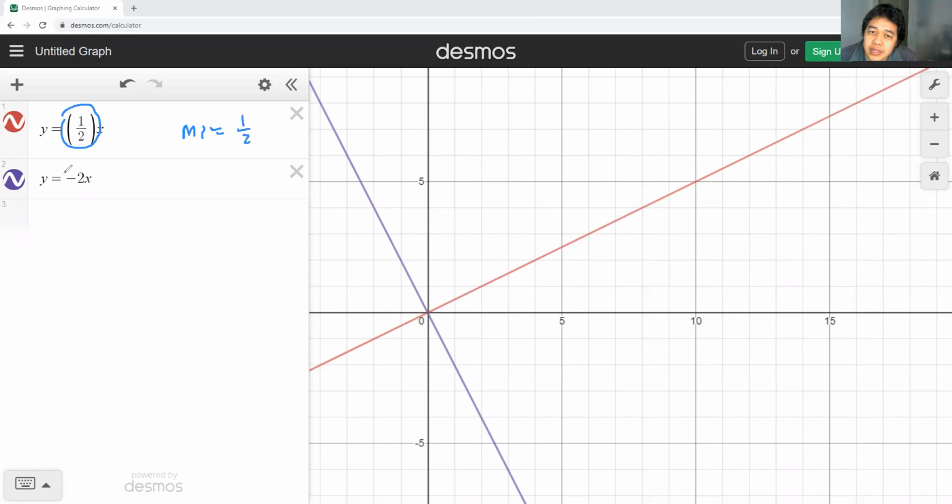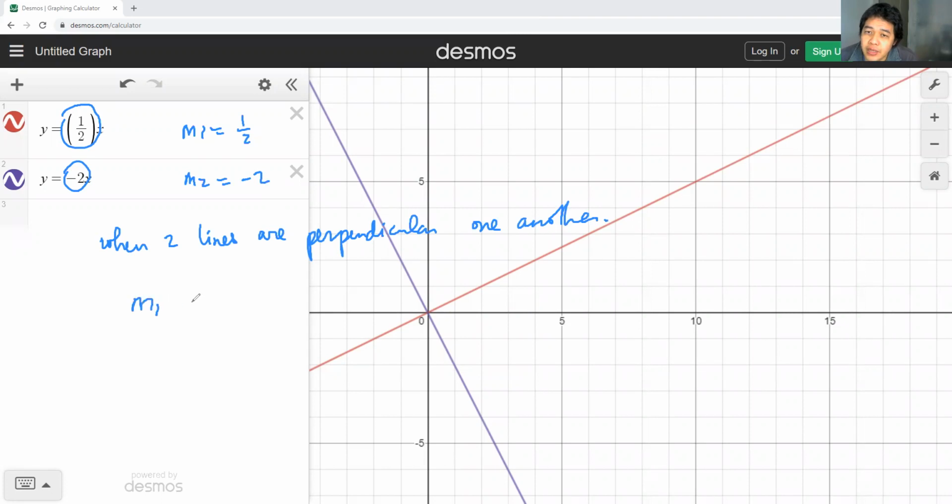So the second one is minus 2, right? Now, when two lines are perpendicular to one another, therefore, when you look at the slopes here, m1 and m2, and then you multiply them, this is what you will get: half times minus 2.